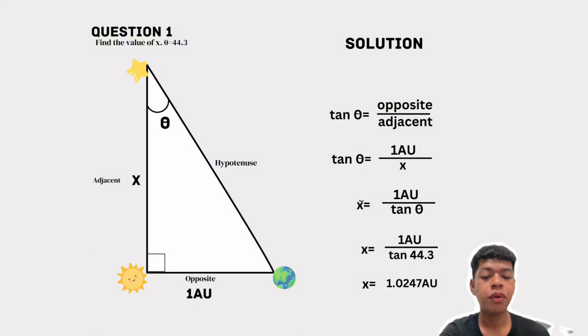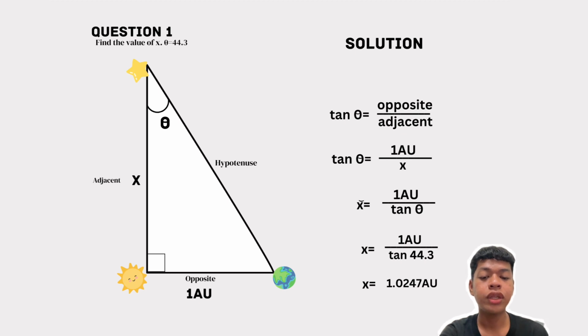After we determine the formula, we substitute all the values into it. We substitute 1 astronomical unit into the opposite and x into the adjacent. So we get tangent theta is equal to 1 astronomical unit over x. Then we swap the places of tangent theta and x.